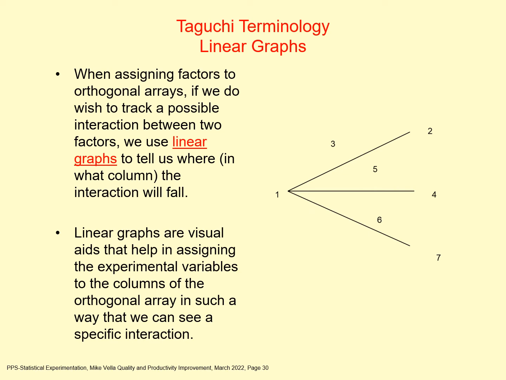When assigning factors to orthogonal arrays, if we do wish to track a possible interaction between two factors, we use something called a linear graph to tell us where and in what column the interaction will fall. Linear graphs are visual aids that help in assigning the experimental values to columns of the orthogonal array in such a way that we can see a specific interaction.